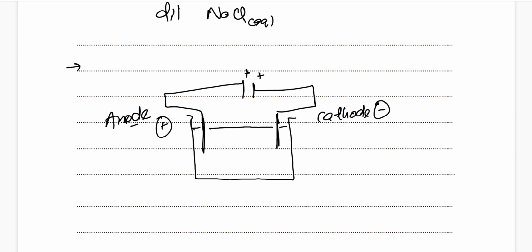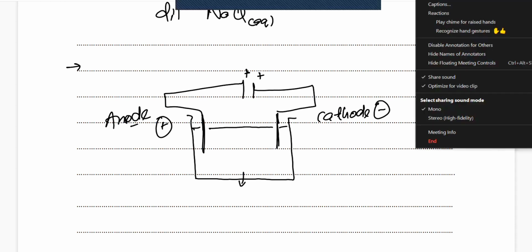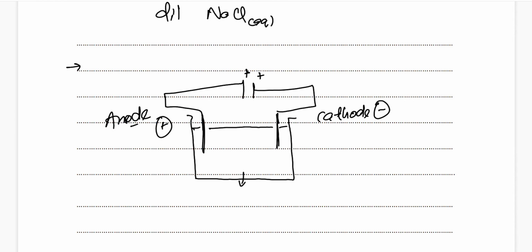Here is dilute NaCl. Dilute NaCl means you can say simply... Okay, so here we have the battery.